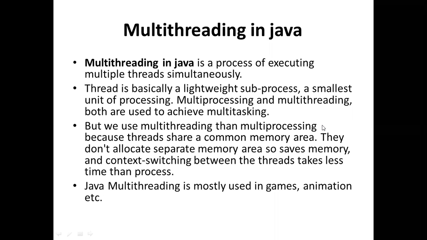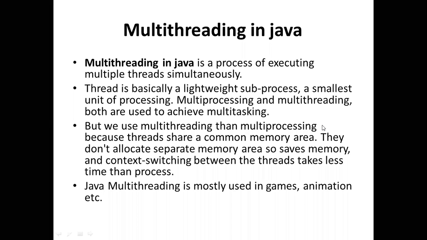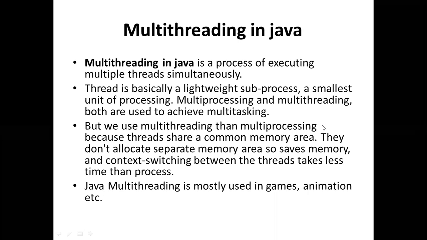So why do we use multi-threading rather than multi-processing? Because threads share a common memory area. They don't allocate a separate memory area, so in this case they save memory. Secondly, context switching between threads takes less time as compared to processes.